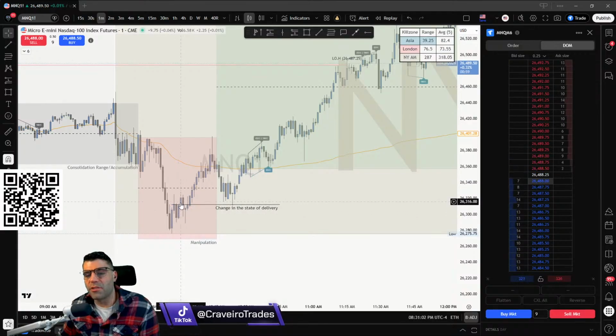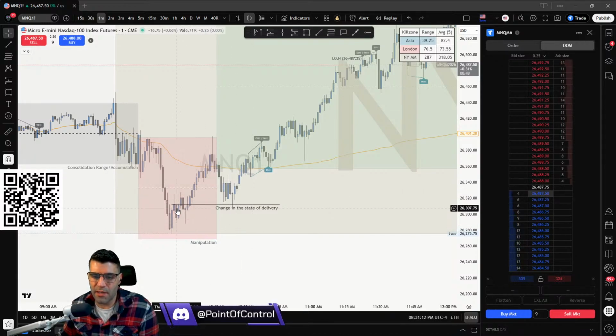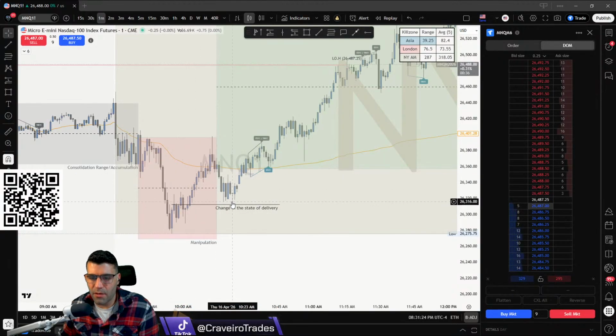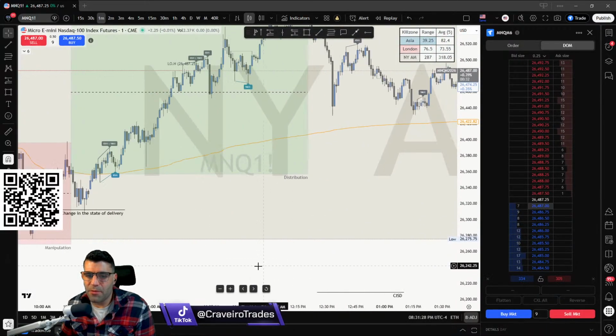If the candle body just touched this level and we just saw the wick go up beyond the tops of these candles, that is not considered a valid change in the state of delivery. We need to see this blue candle close higher, creating a higher high, and then we have a higher low, higher high, higher low.